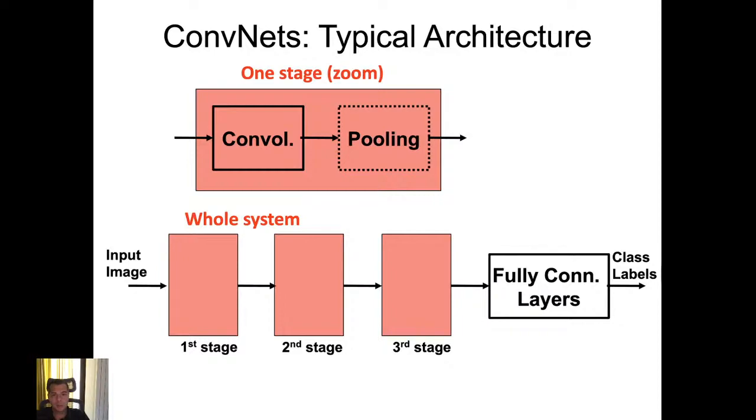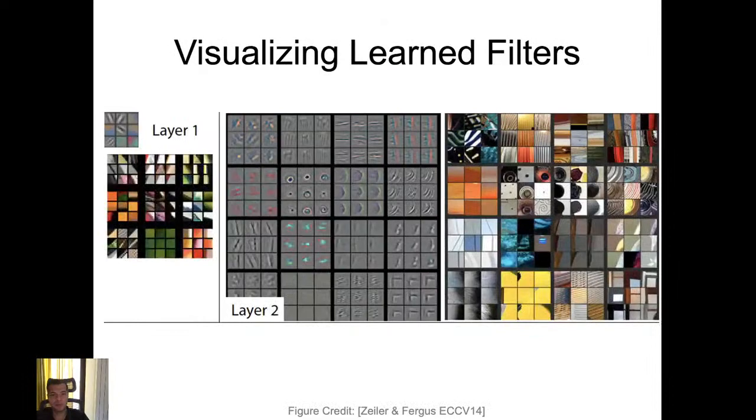So the typical architecture contains multiple convolutional blocks placed one after the other in a sequence, and then at the end we have some fully connected layers and the class labels in order to recognize objects, or different things that we want to recognize in the input images.